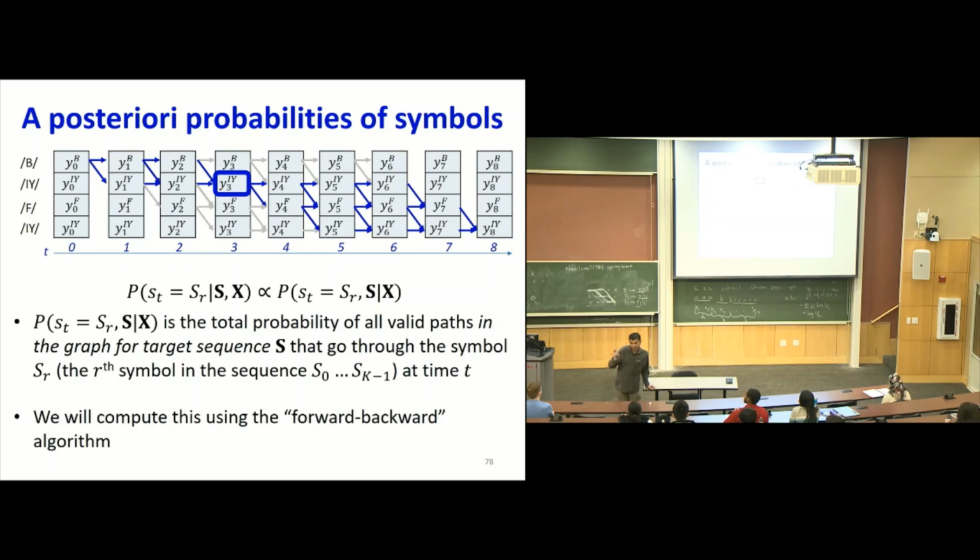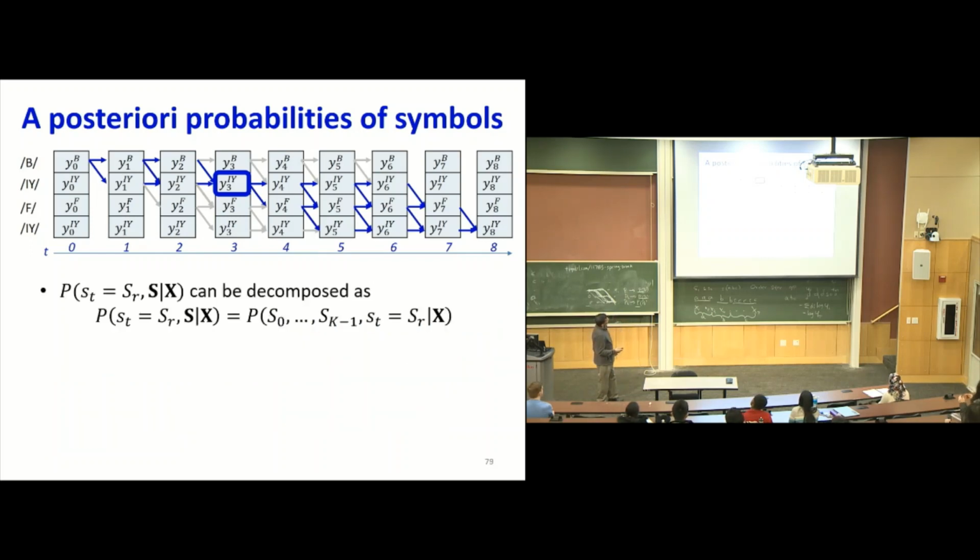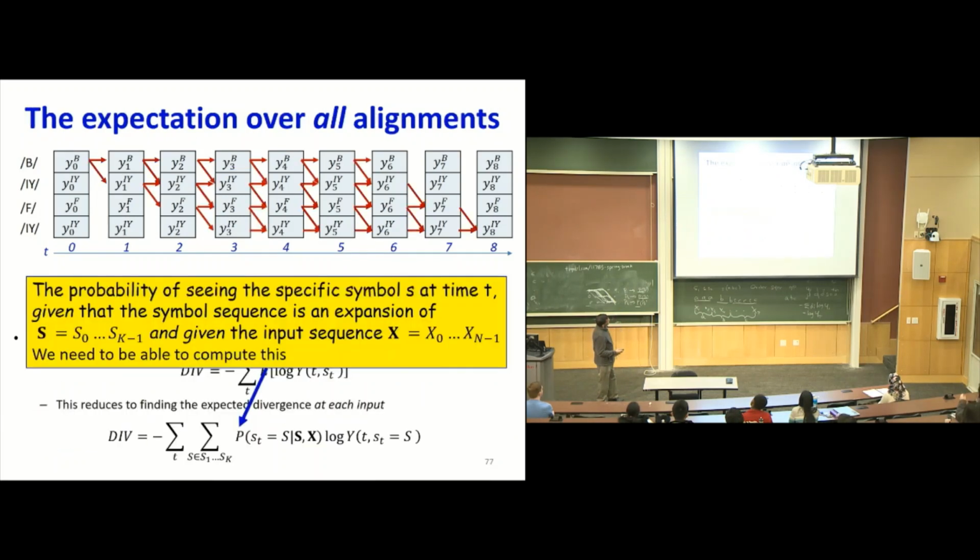Forget about the notation, right? So this term is the a posteriori probability. Remember how we computed the divergence, right? If you go back here, because of the math, what happened was we were going over all time, and at each time you were going through this column and computing the expected divergence over the column, which is to say you are multiplying the divergence you would get if this was the correct symbol here by the probability that that indeed was the correct symbol, correct?